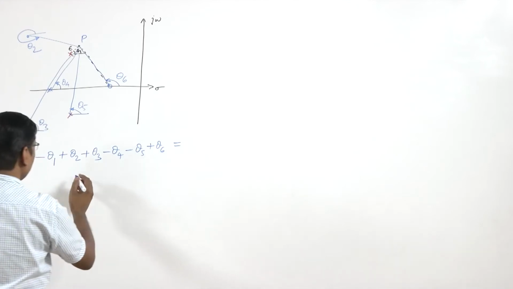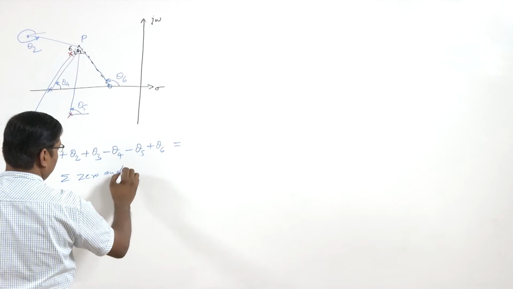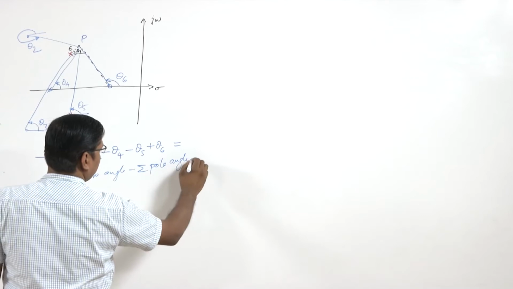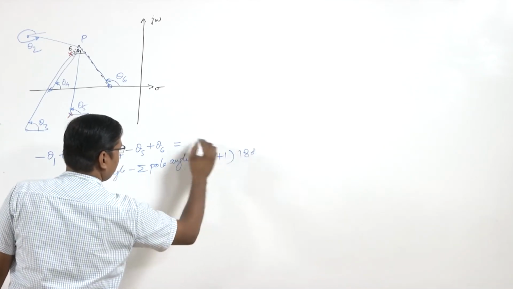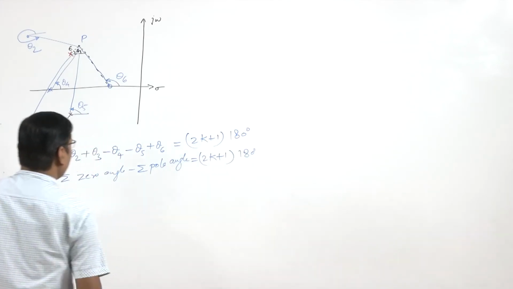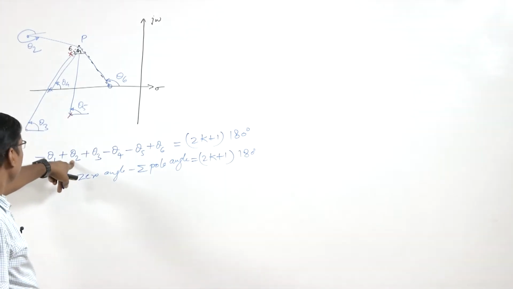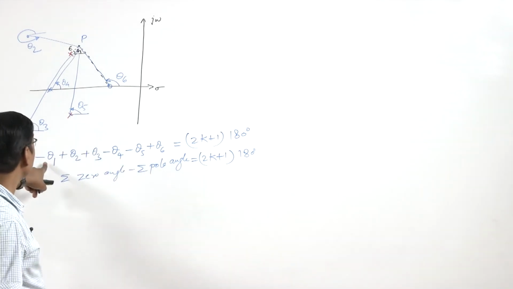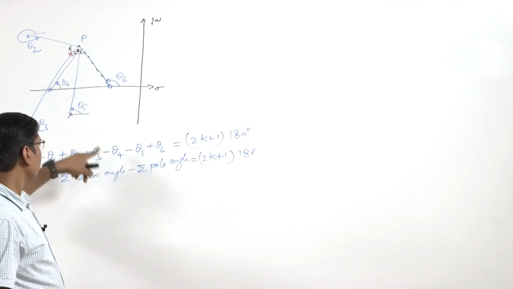So it is nothing but the summation of zero angles minus the summation of pole angles, equal to (2k plus 1) times 180 degrees. Here theta 2, theta 3 and theta 6 are zeros, minus poles theta 1, theta 4 and theta 5.